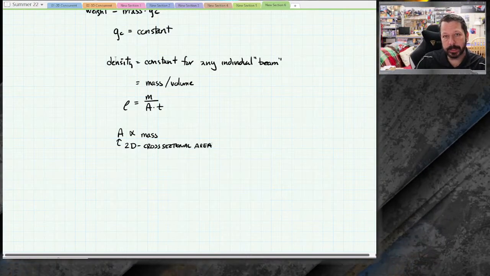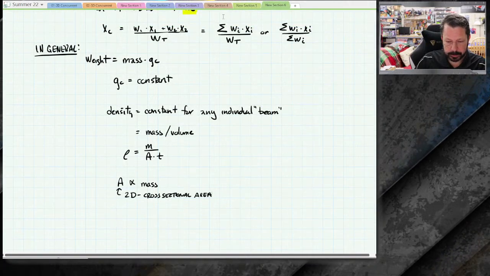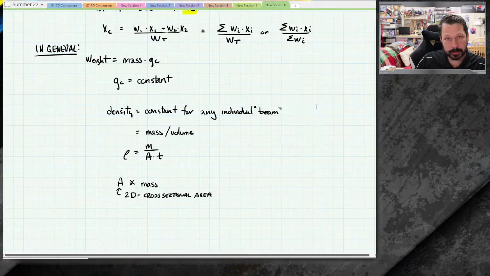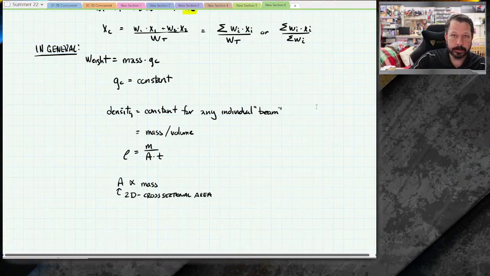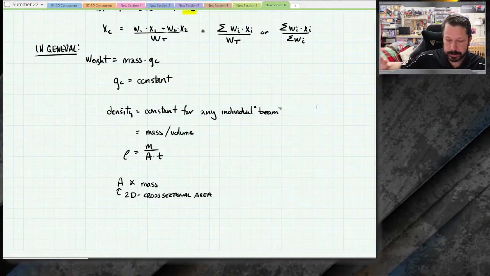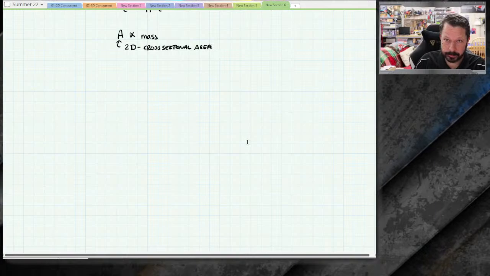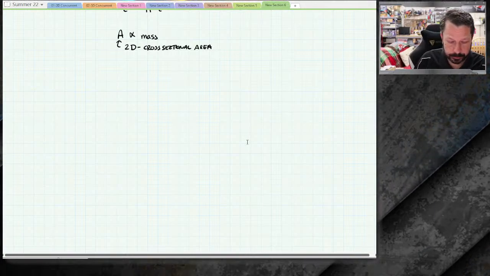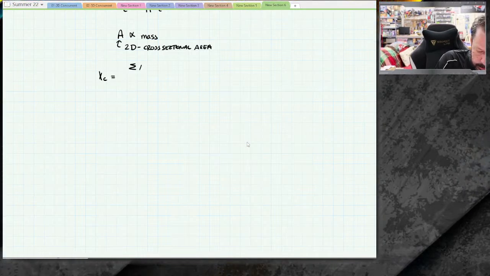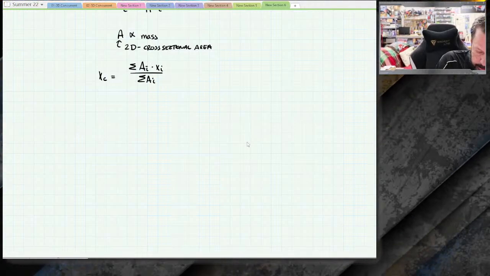The only thing that really matters is the shape of that cross-sectional area. So it lets me take this equation here with these summations. Don't worry about weight, only worry about the shape. The g and t, they're all constant, density's constant. So it's only the shape that matters. Again, assuming all of those things that we talked about being assumptions are true. It lets me write x sub c equals the summation of A_i times x_i over the summation of A_i.